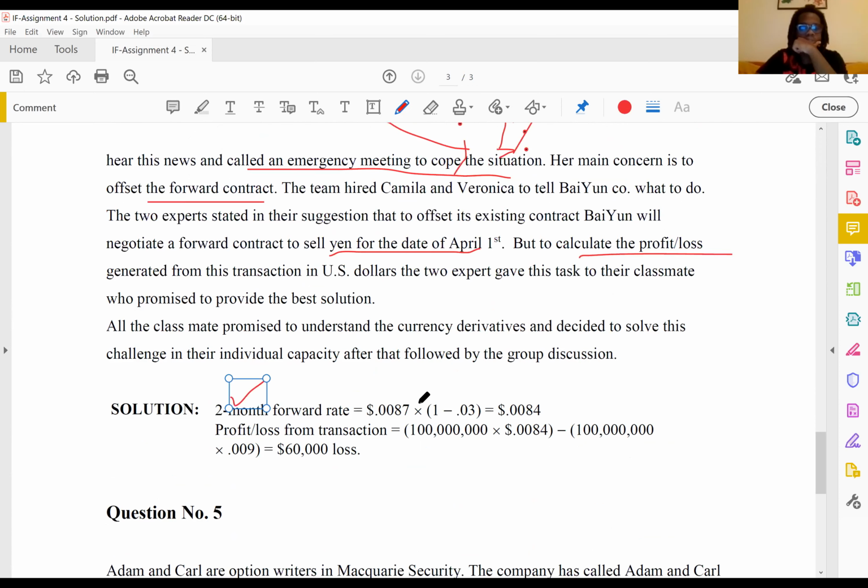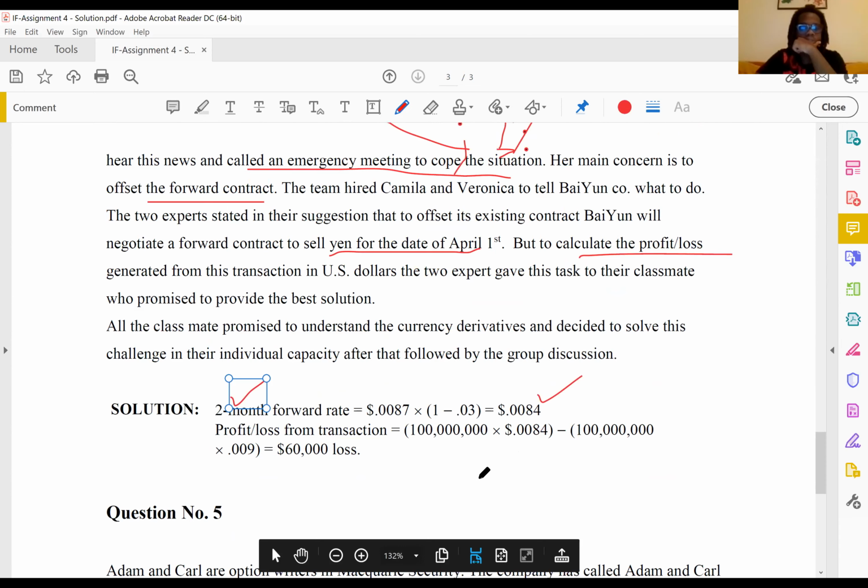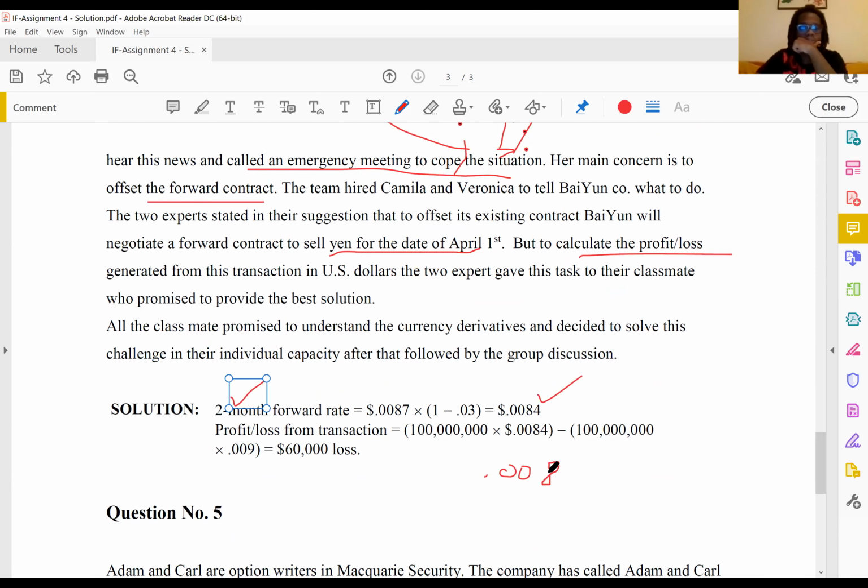So 2 months when they sell, they will sell it at this price. And when they buy at 0.009, right? So what is the answer here? So they sell 0.0084 and they buy 0.009.